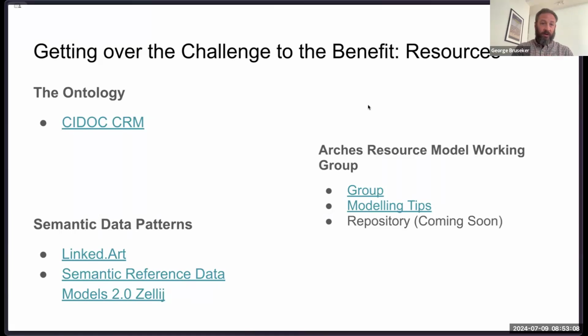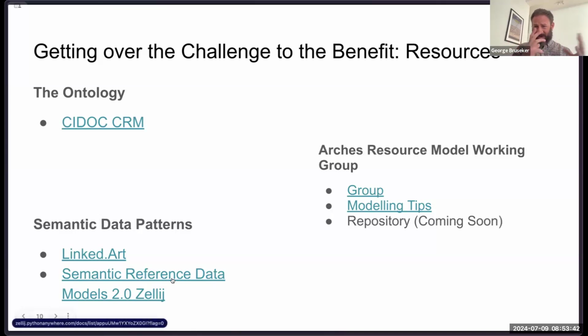Rob, who is here, is co-chair of this Linked Art group, which is actually a group that looks at trying to go from the abstraction of CIDOC CRM to saying, that's great, how are we going to use this particularly as a community? And so they've created and documented and made available reusable patterns as good advice on how to make a well-structured semantic data set for people or names or places, etc.